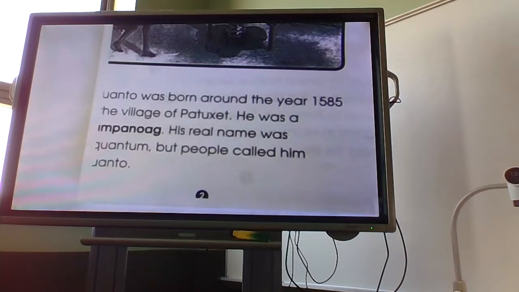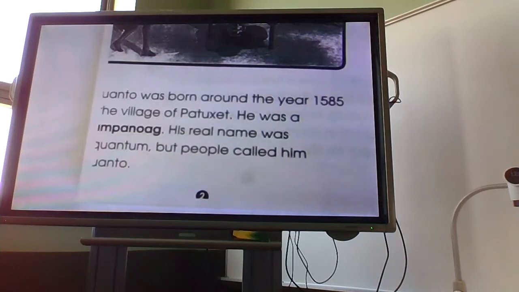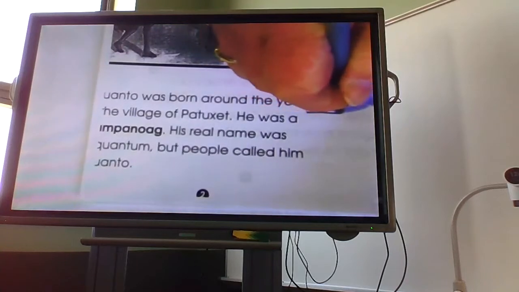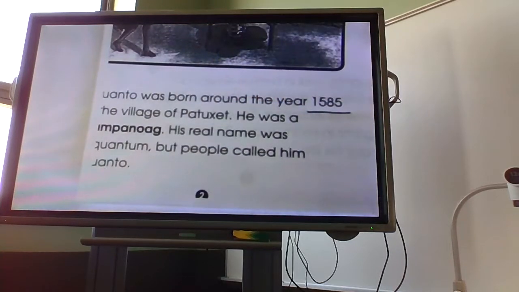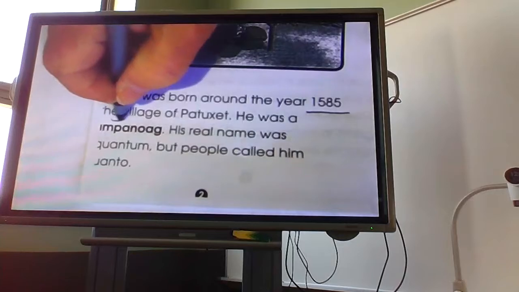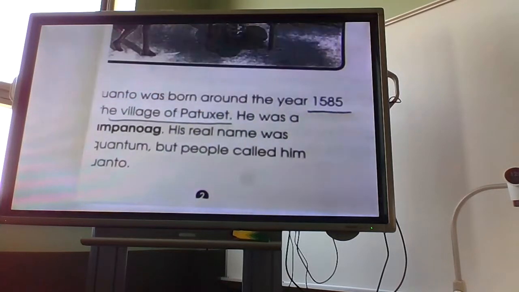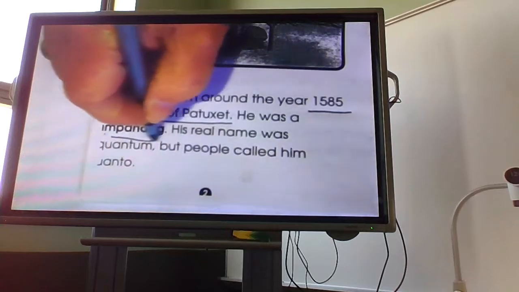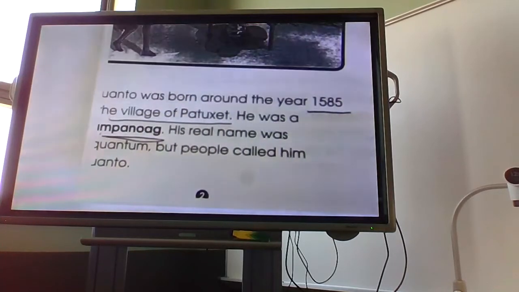What happened first in his life? In the year 1585, he lived in Patuxet. He was Wampanoag, from the Indian tribe. So that's what happened first in his life.